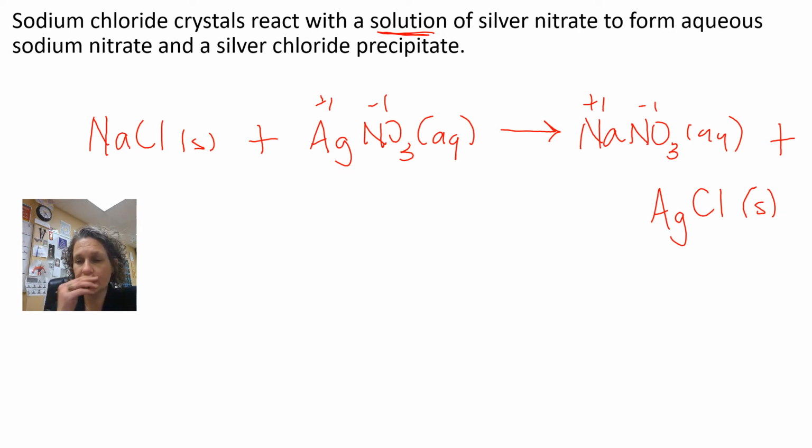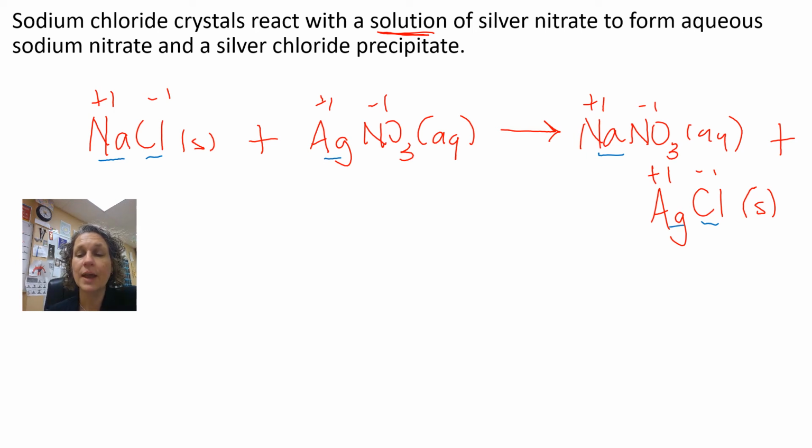I've got my symbols. I've got the compounds individually balanced by their charges. Let me put a +1 and a -1 over these just so you see it. And then balancing. I've got 1 Na and 1 Na, so that is all good. I have 1 Cl and 1 Cl. I have 1 Ag and 1 Ag.